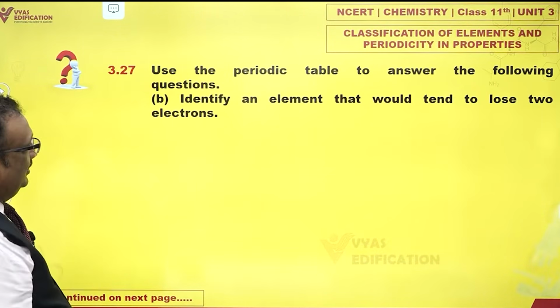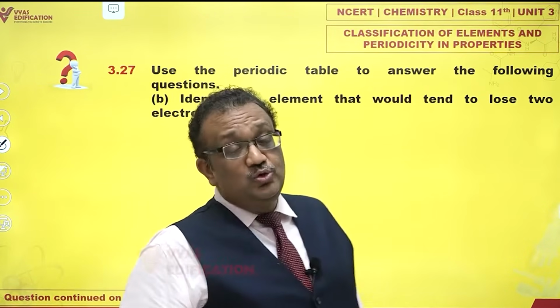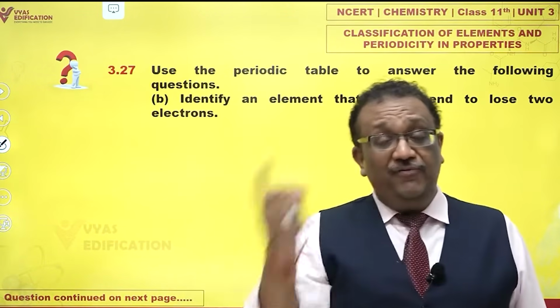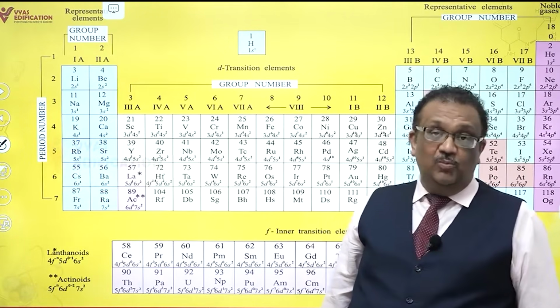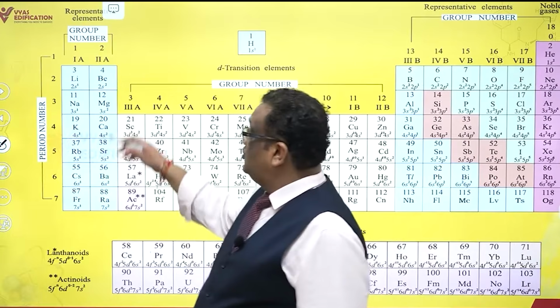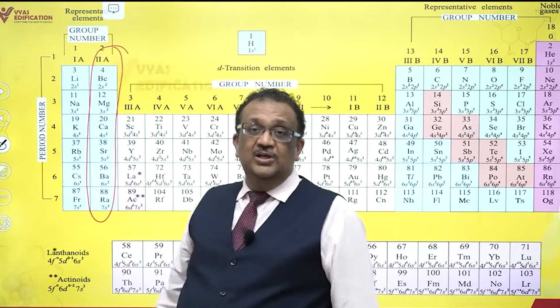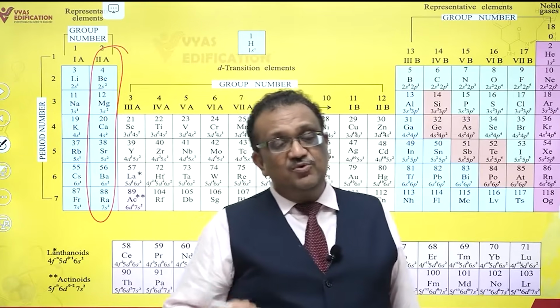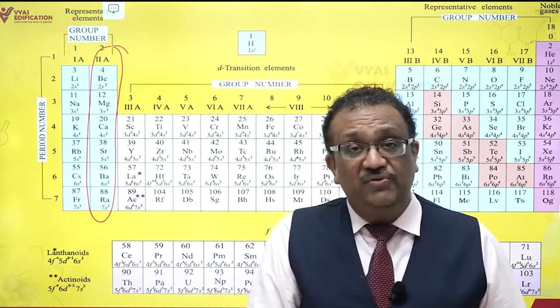Identify the element that would tend to lose 2 electrons. Which element would tend to lose 2 electrons, if after losing 2 electrons it acquires noble gas configuration? Actually, group 2 elements are the ones which would tend to lose 2 electrons. So you have beryllium, magnesium, calcium, strontium, barium and radium. These are the elements which would form dipositive cations.